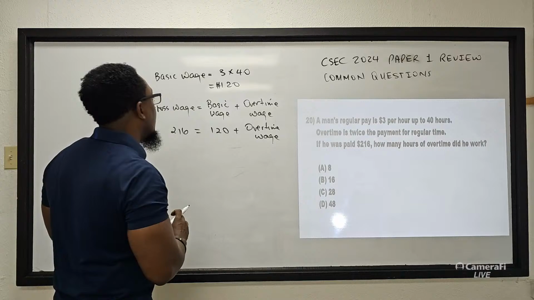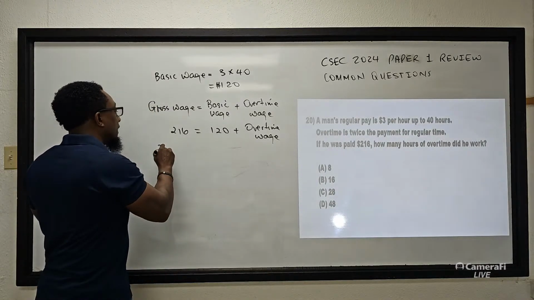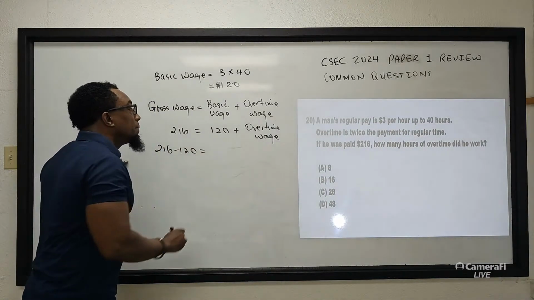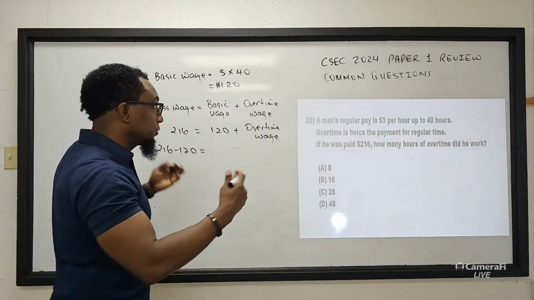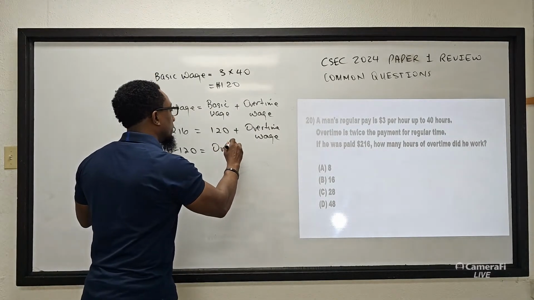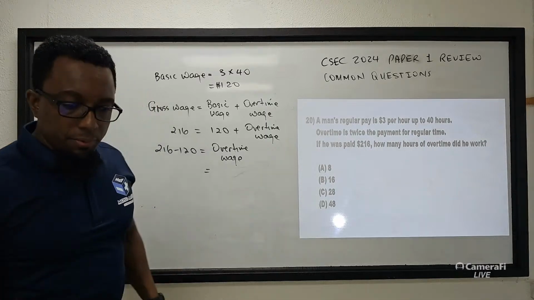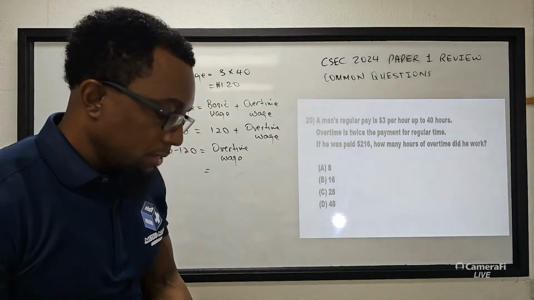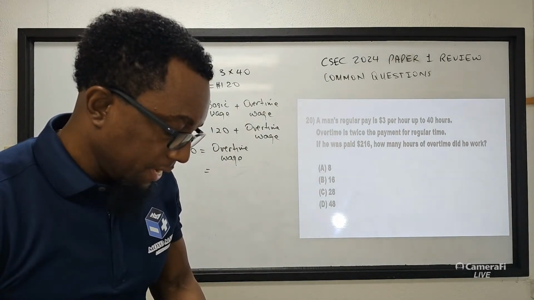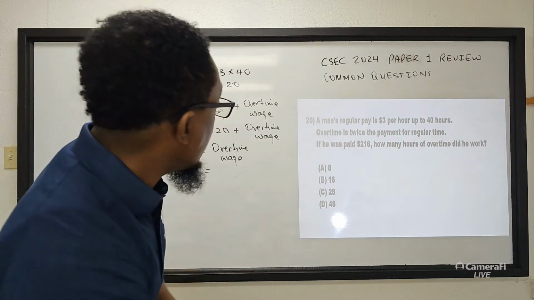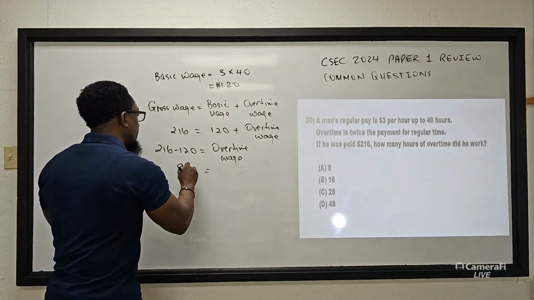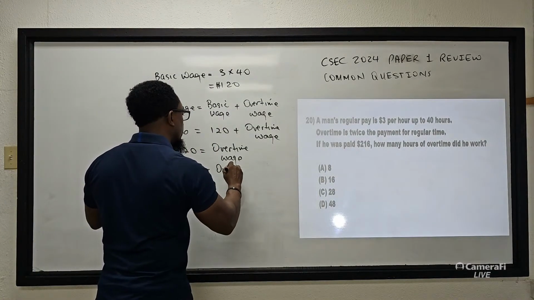So this overtime wage will be to subtract the basic wage from the gross wage, total amount. And his overtime wage will now be what? That is $216 minus $120, which is $96. That's his overtime wage.